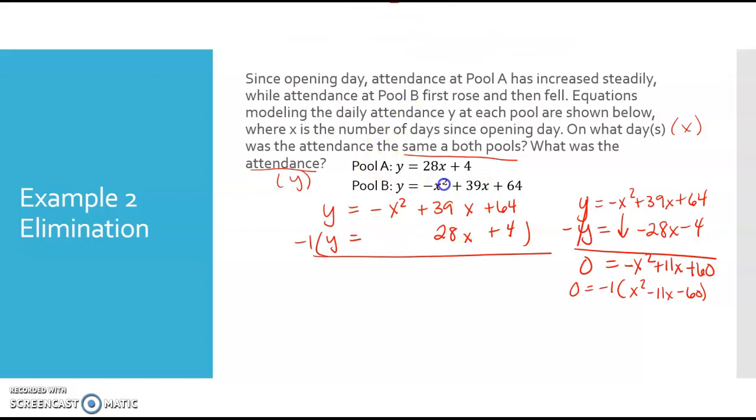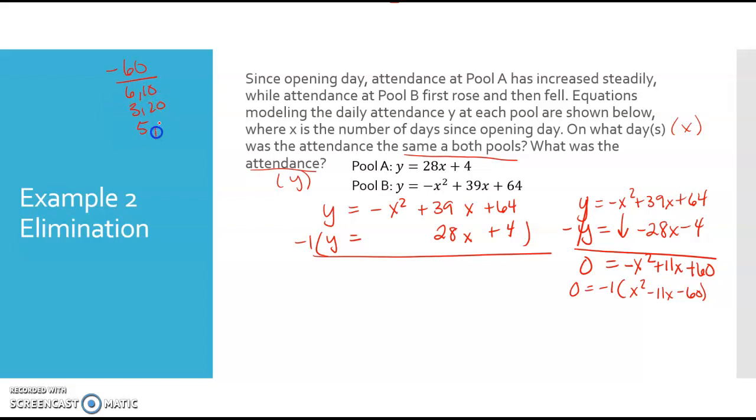Maybe if I can figure out where my pen went. There it is. We want -60, so we want numbers that multiply to 60. So I know I've got 6 and 10, and I've got to subtract to 11. 6 minus 10 is not going to give me a -11. I can do 3 and 20, but that's too big of a difference.